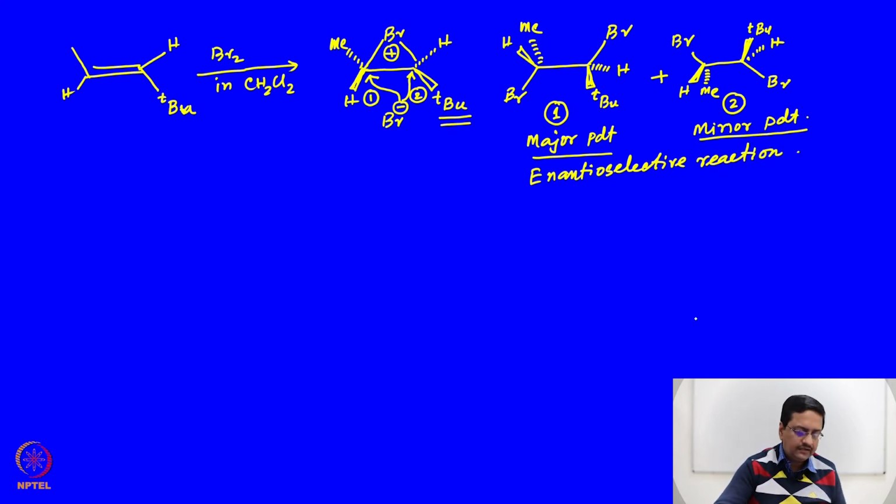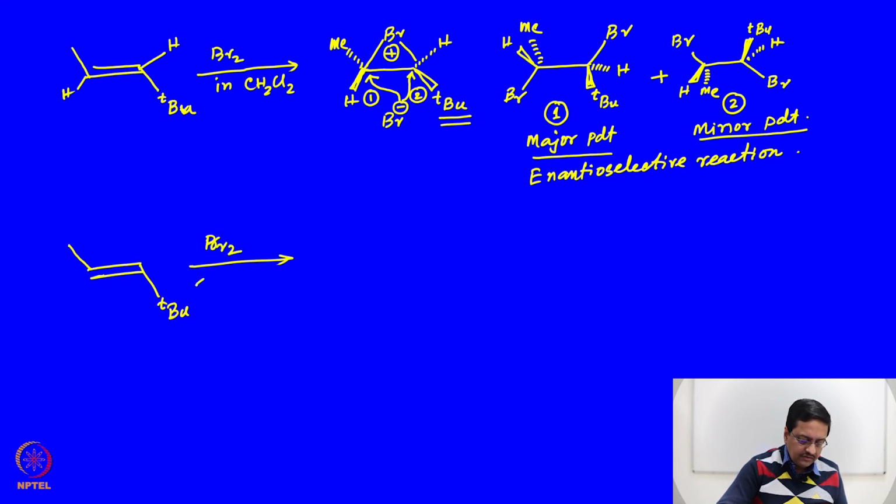Now if we see the second reaction, where we are trying to treat the same alkene with bromine in water, what we know is that bromine in water forms the halohydrin, but that halohydrin formation also goes through the formation of bromonium ion to start with.